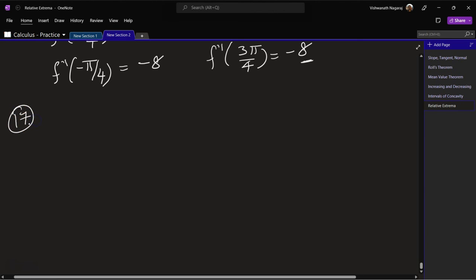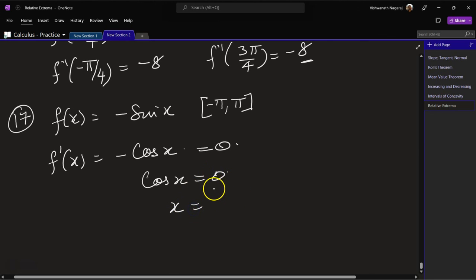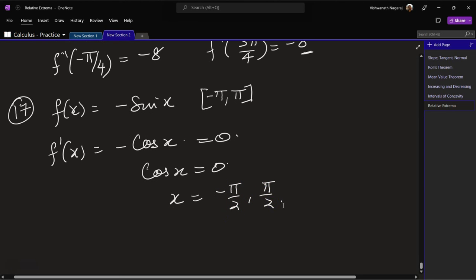17th one. f(x) is equal to -sin x from -π to π. So f'(x) is going to be -cos x. Equating it to 0, we get cos x equal to 0, which means x is, when is it 0? It is 0 at -π/2 and π/2, which means the coordinates are going to be, f(-π/2) is equal to -sin(-π/2).